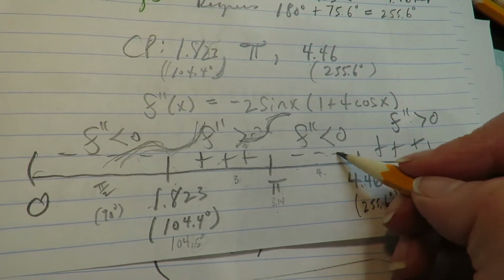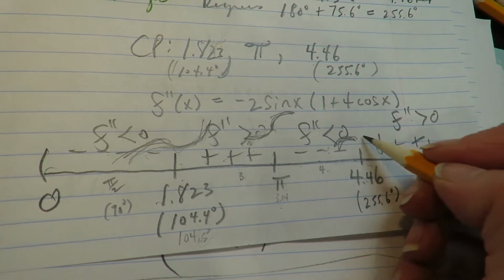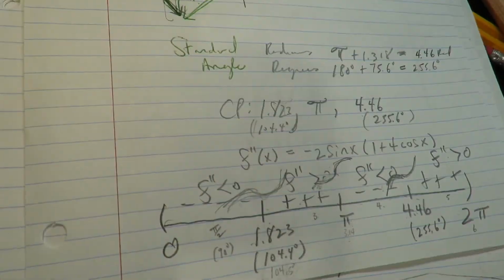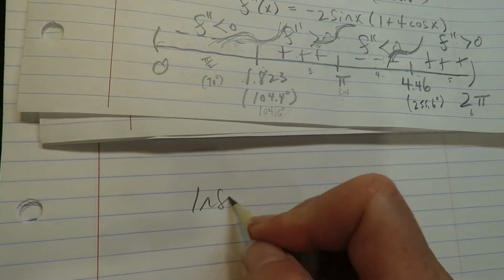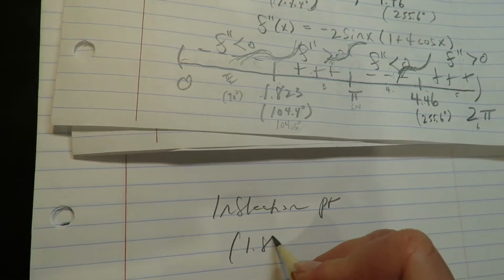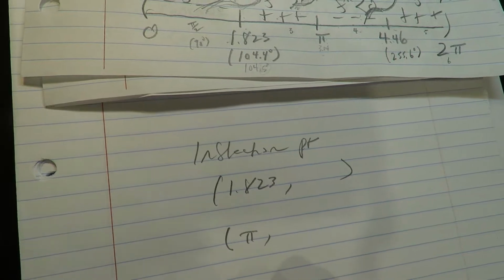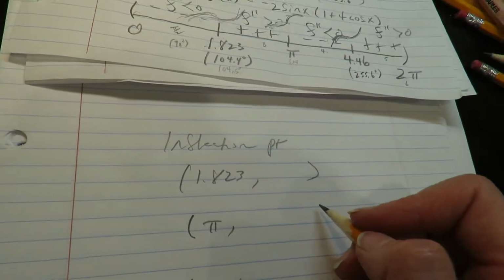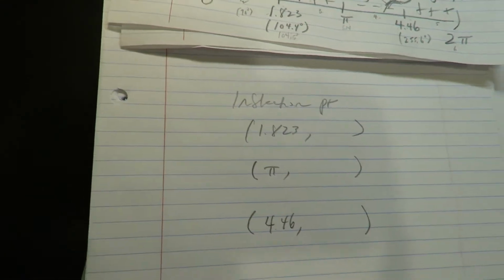It is, right? Because this side's concave down to concave up. All right, so we have 3 inflection points: 1.823, pi and 4.46. All right, this is like the flourish, the finale here of this marathon.